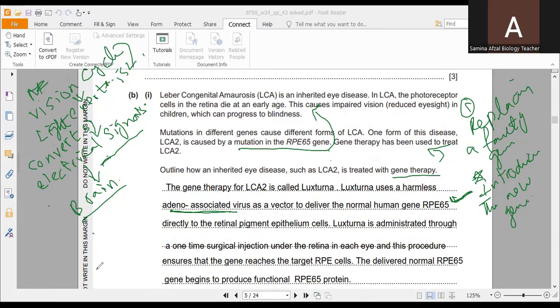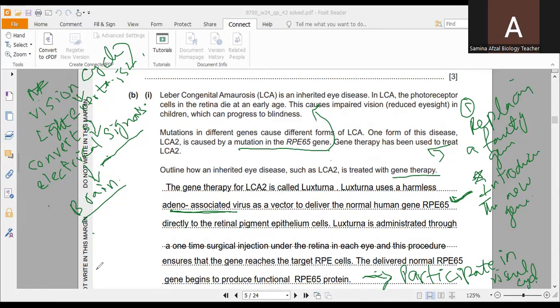The delivered normal RPE65 gene begins to produce functional RPE65 protein. The newly produced functional RPE65 protein can then participate in the visual cycle. In the visual cycle, when light enters our eye, it is converted into electrical signals, and those electrical signals are sent to the brain.